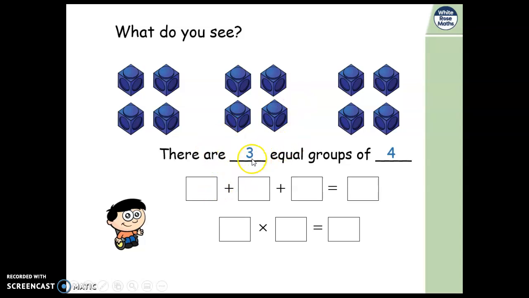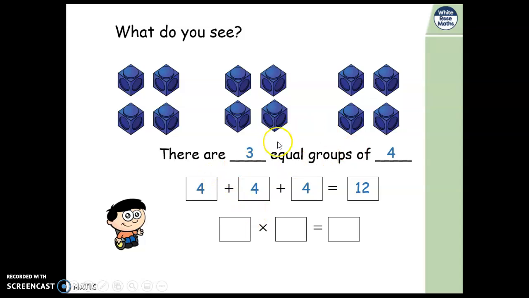If we were to write that as a repeated addition, we've got 4 add 4 add 4 equals 12. When we look at the multiplication sign, we look at equal groups. Equal groups of just means times or multiply.